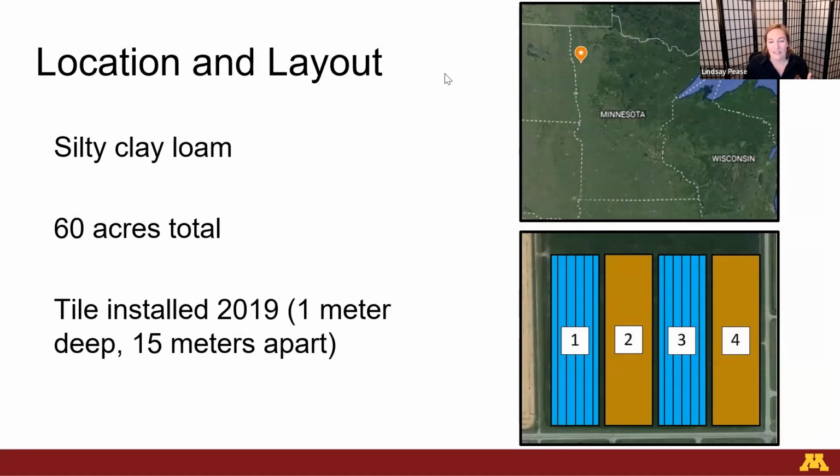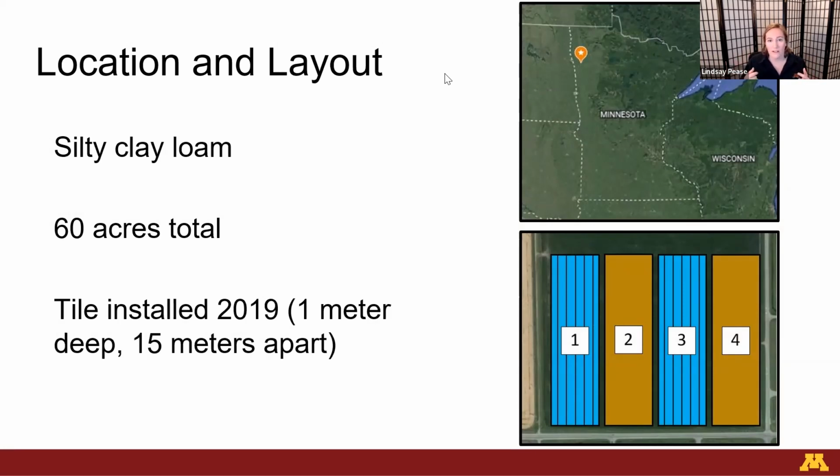Our soils are a silty clay loam. The tile is about 1 meter deep or 3 feet, and 15 meters apart, about 50 feet spacing. And we divided that 60-acre field up into 4 15-acre chunks. And we're looking at the differences. What happens on a big scale when you have 15 acres drained next to 15 acres that are undrained?